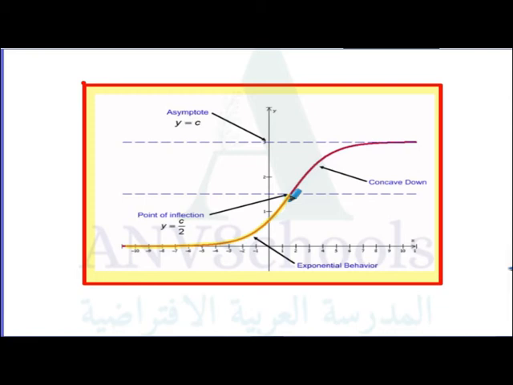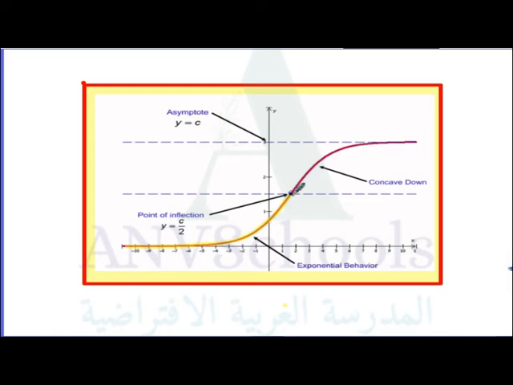Now this logistic function seems to behave like an exponential function up to a certain point called the point of inflection. This is our point of inflection.